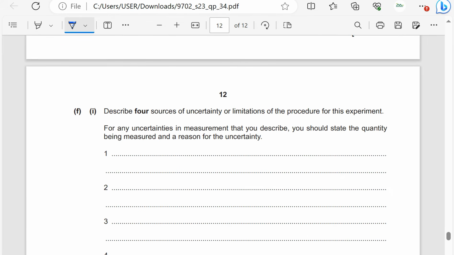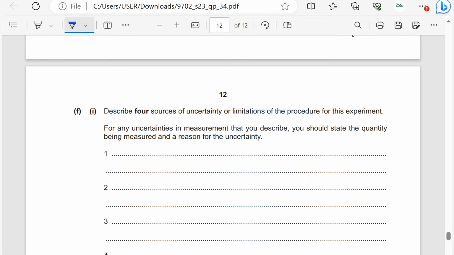Describe 4 sources of uncertainty or limitations of the procedure of the experiment. Since we have calculated 2 K values, the first limitation is always the same. But remember, sometimes we calculate 3 K values, so just modify the limitation in that case.